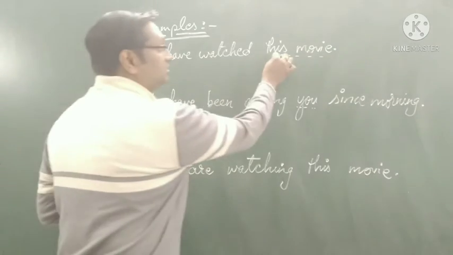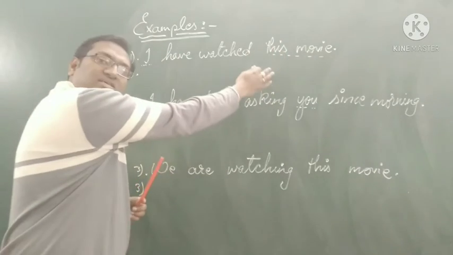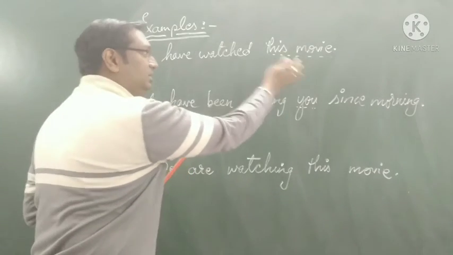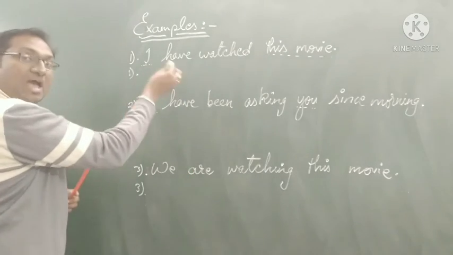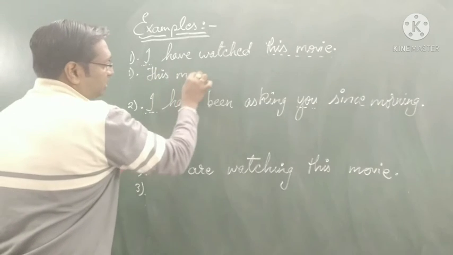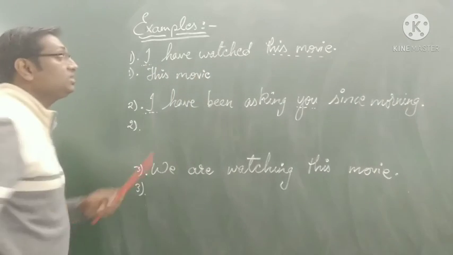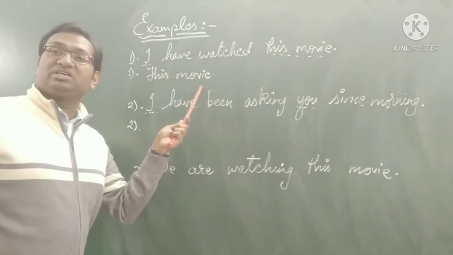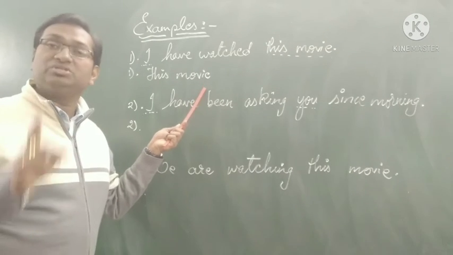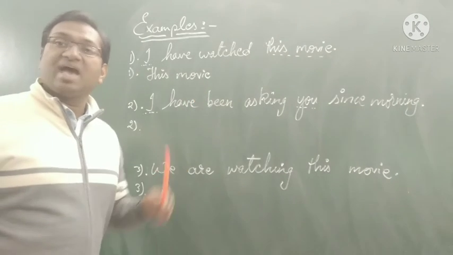Now over here, this movie, this is an object in an active voice, but while writing the passive voice, this will become the passive subject. So this movie. Now over here we have to see this. Movie, not movies. It means we are going to use the singular helping verb, that is has.